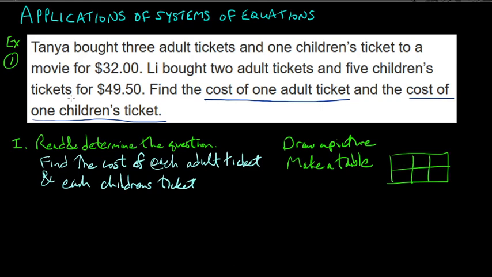Okay. The important thing here is once you determine what the question is and what you're looking for, we need to essentially label what we're looking for, so we need to declare our variables.